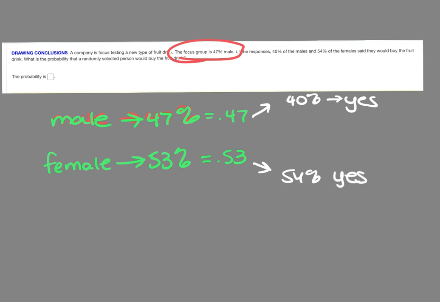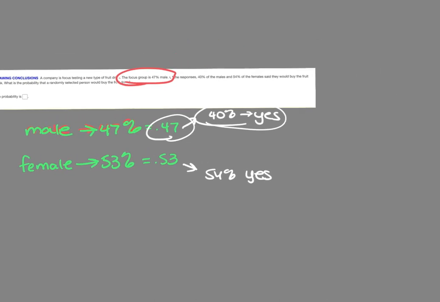So you're trying to figure out two things. One, an and statement between them: the probability that it's a male and they say yes. If it's an and, we do what? Multiply. So 0.47 times 0.4 is what we're going to do there. The probability that it's female and they say yes, 0.53 times 0.54.